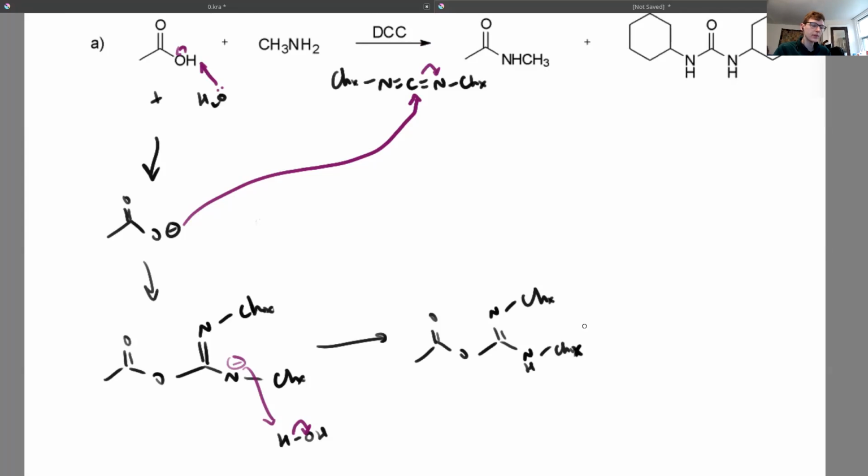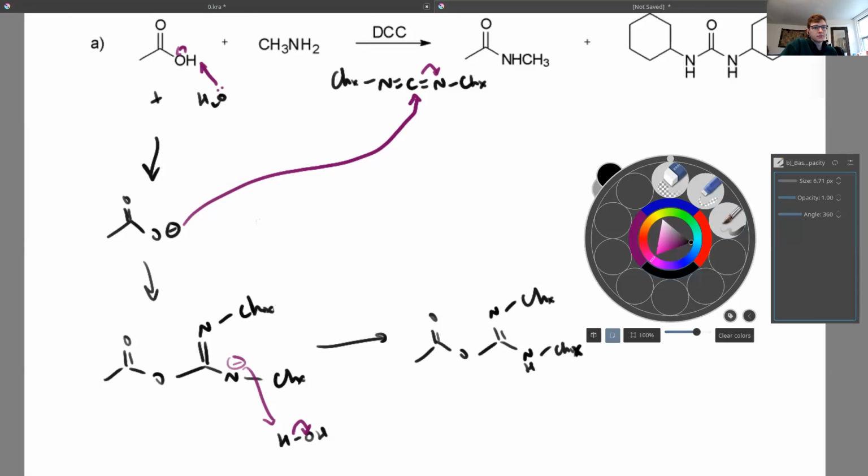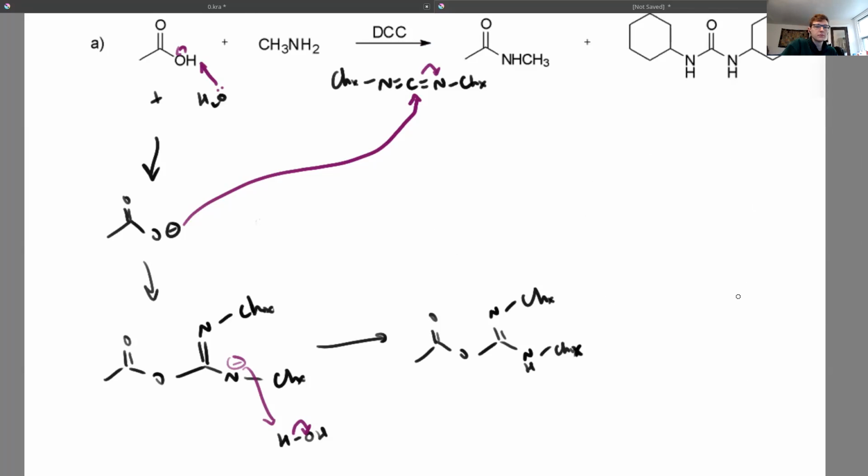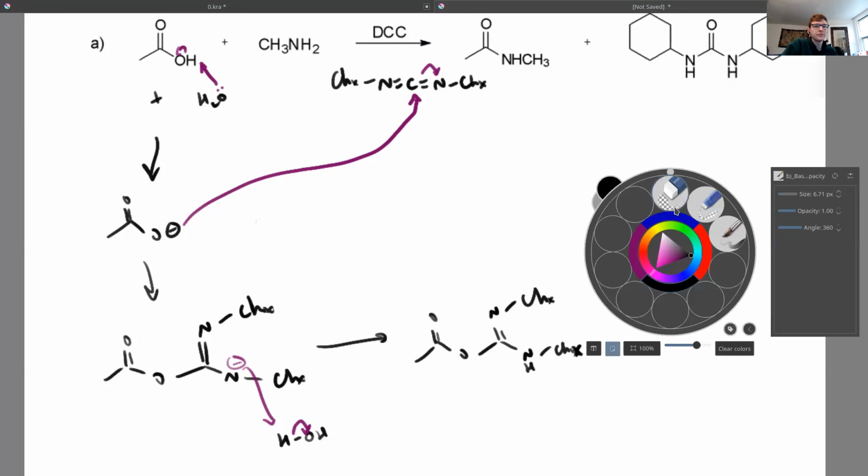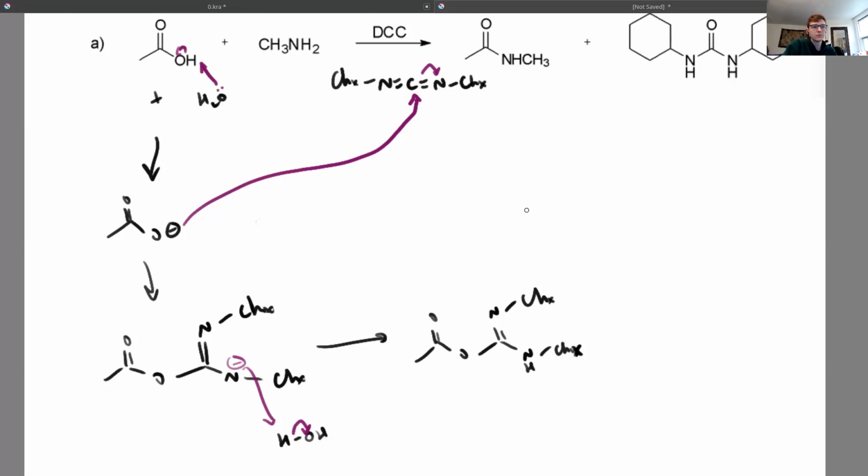I guess. So I'm looking at the next step in what we kind of went over earlier, which would be to use another nucleophilic attack and kick off that whole extra group there with the cyclohexyls.